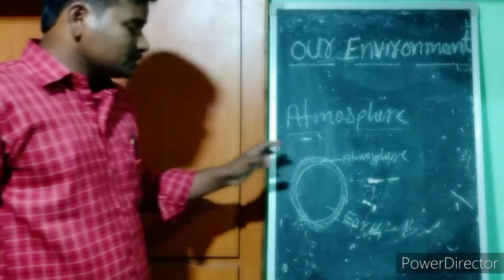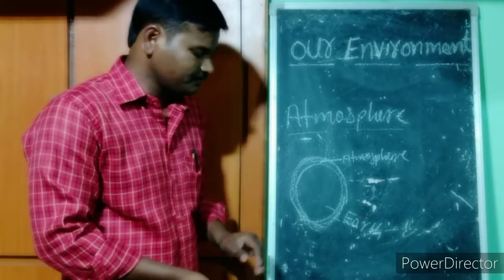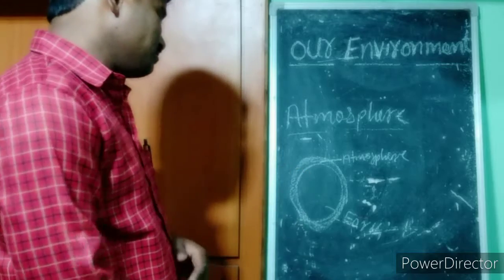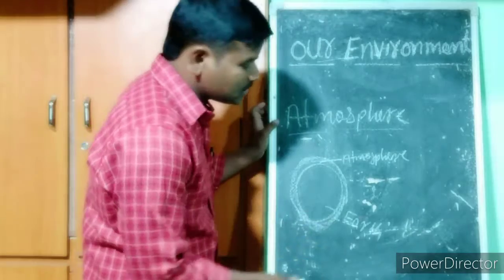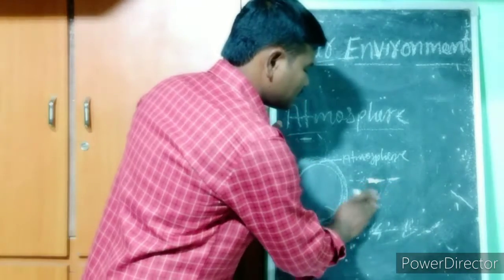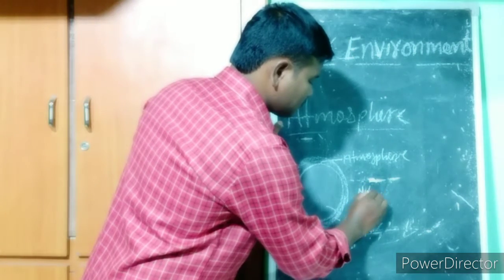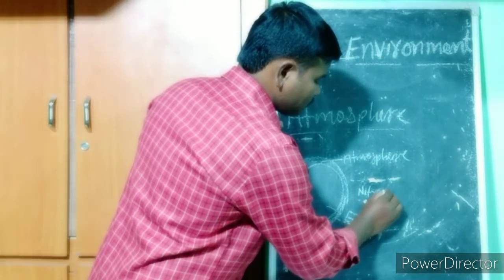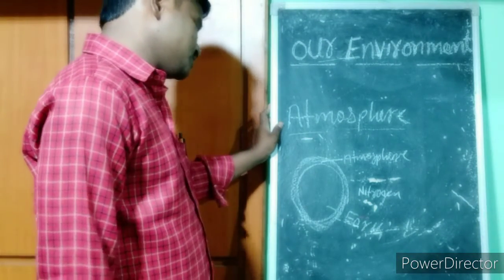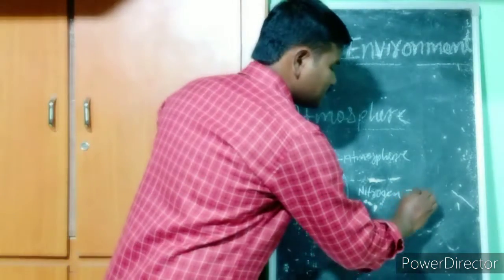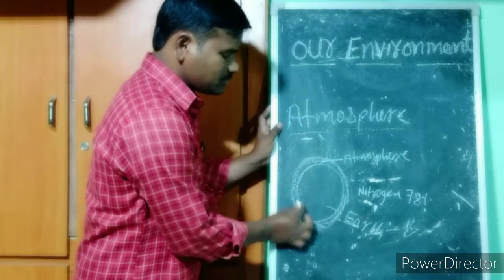Understand? It consists of various gases; it is a mixture of gases. What gases are present here? Nitrogen constitutes about 78% of the atmosphere.